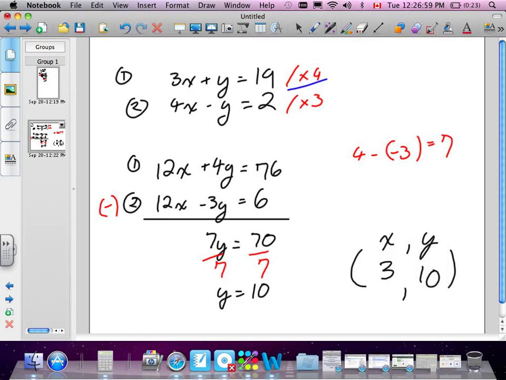So, it's a good question. How did I know to multiply by 3 and 4? I could actually multiply by other numbers. If you're unsure, you can always multiply one equation by the coefficient of the variable that's opposite of it. So in the first equation, I'm trying to get rid of my x.